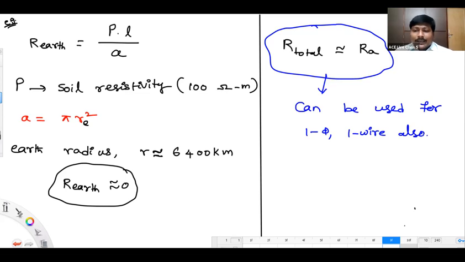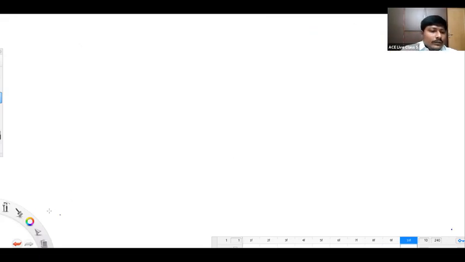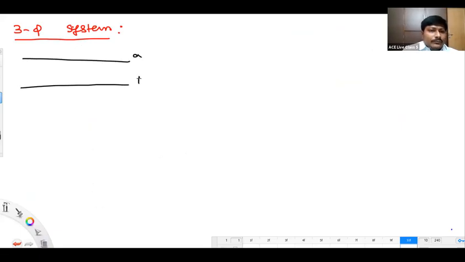Next, let's think about the three-phase system quickly. Comment on the resistance of three-phase system. We have three conductors here: phase A, phase B, phase C, having their own resistances like RA, RB, RC.